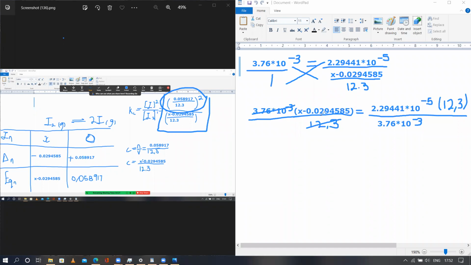And in order to eliminate this, you add 0.0294585 on both sides.